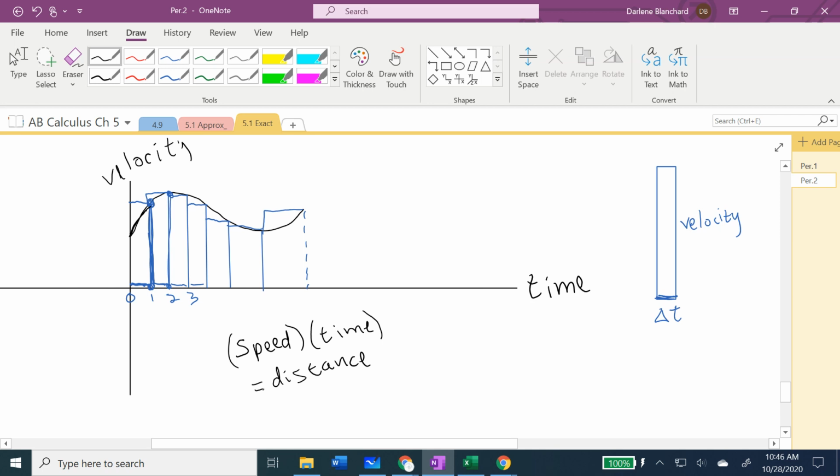Now, velocity has the ability to be positive or negative. And if I take velocity and multiply it by time, that gives me what physics thing? Instead of distance, because distance is always positive, we call it displacement.